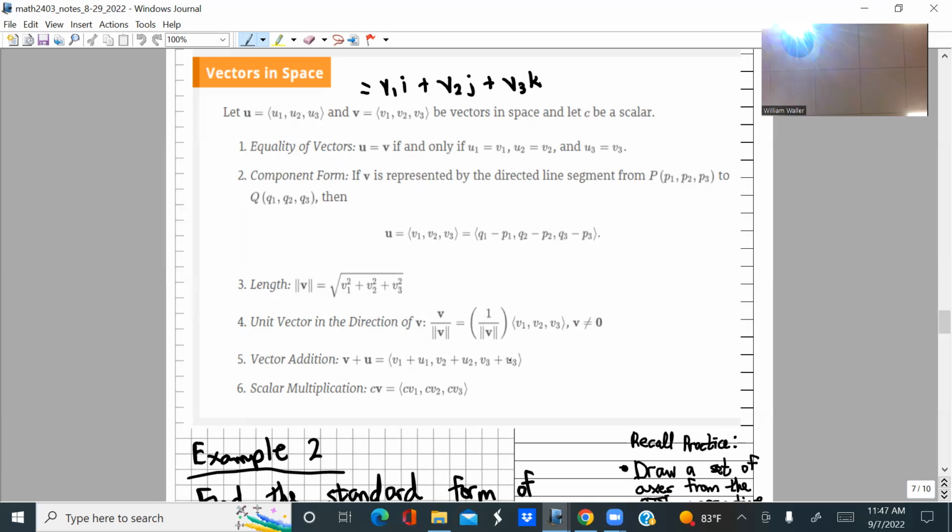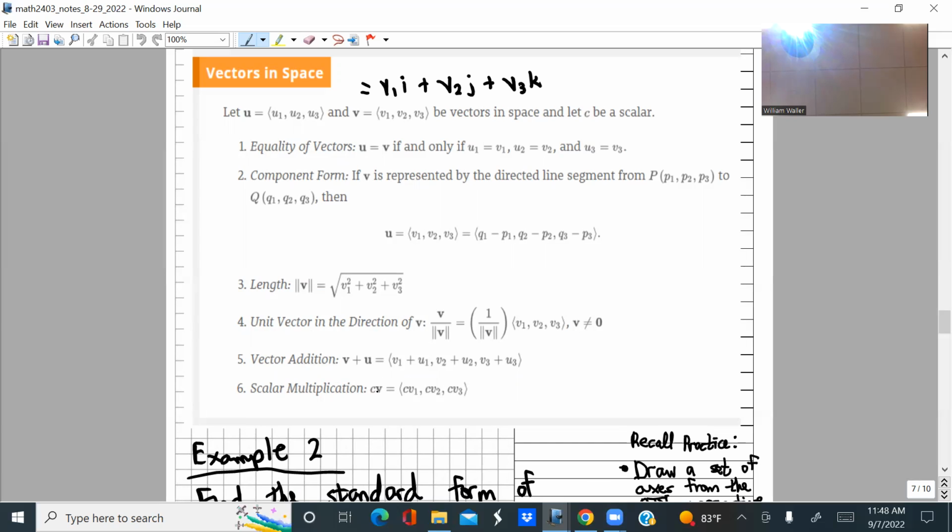Of course, you can add vectors together, just like you do in 2 dimensions, and you can multiply a vector by a real number, a scalar, in 3 dimensions, just like you do in 2 dimensions. You take the scalar, the number, and multiply it by each of the components of the vector. Remember, this is scalar multiplication: a number times the vector.